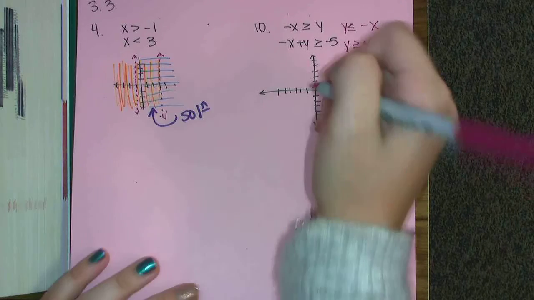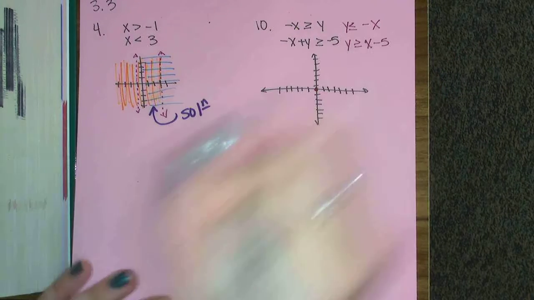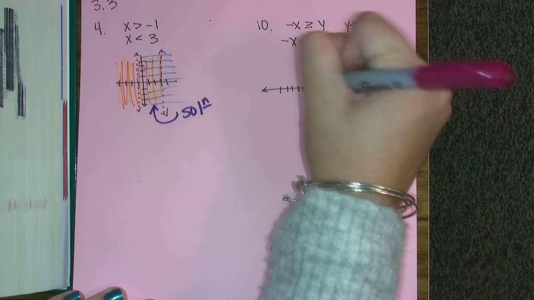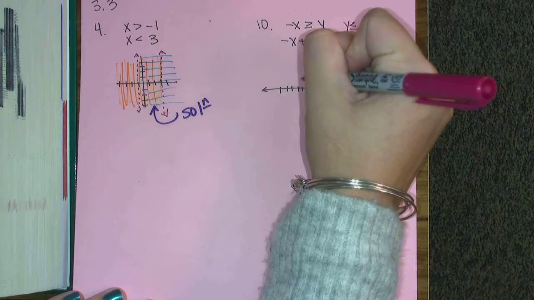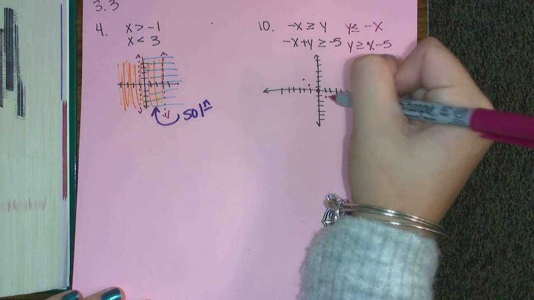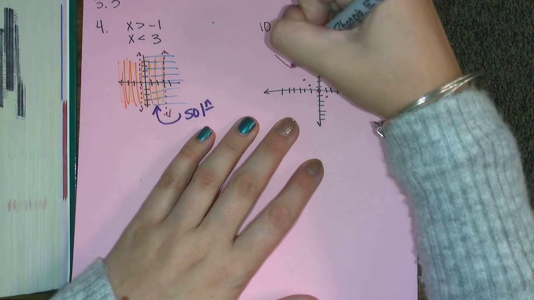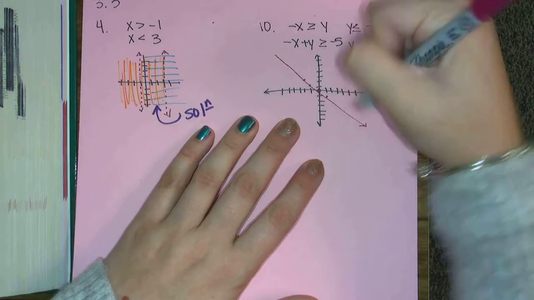Start at 0. Okay, my y-intercept is 0. Yes, up 1, left 1, okay. And I can go down 1, right 1. Okay, I'm going to go ahead and just draw in my line here.